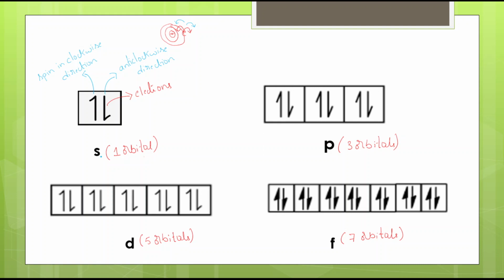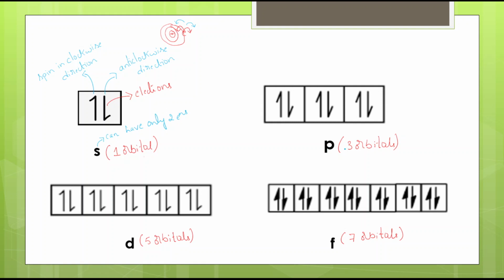So an S subshell can accommodate a maximum of only 2 electrons because it has only one orbital. Clear? So we can conclude, S can have only 2 electrons. Clear? Now we'll move on to the P subshell.